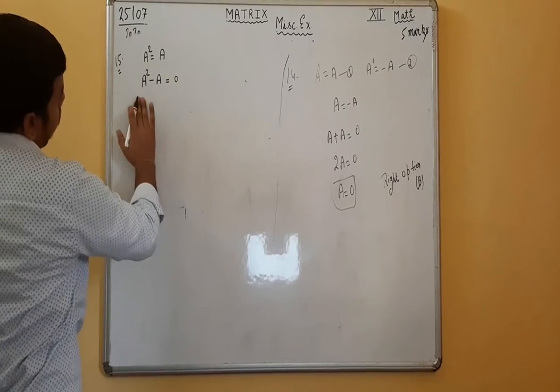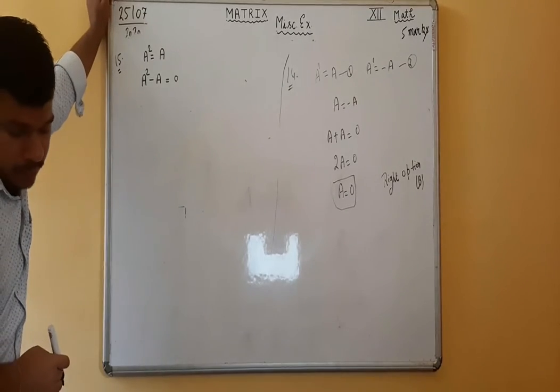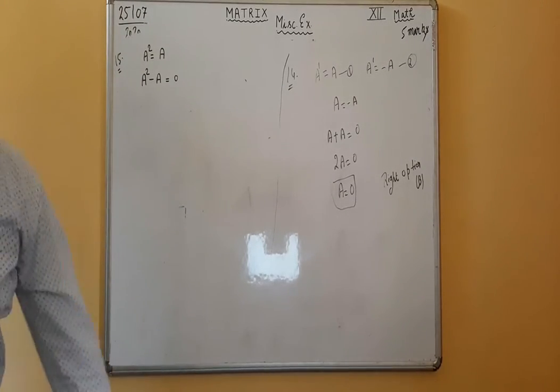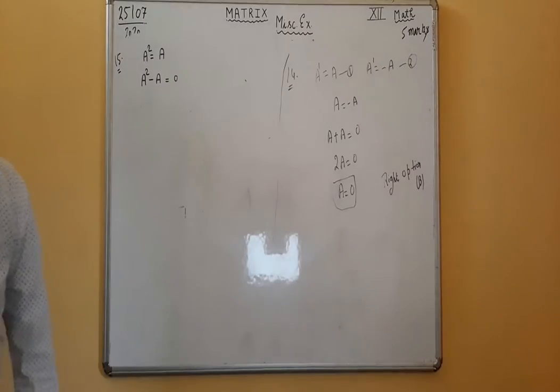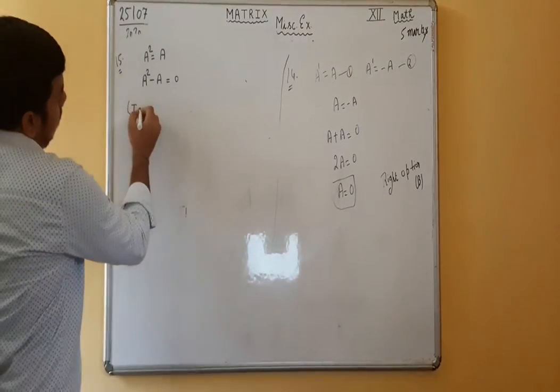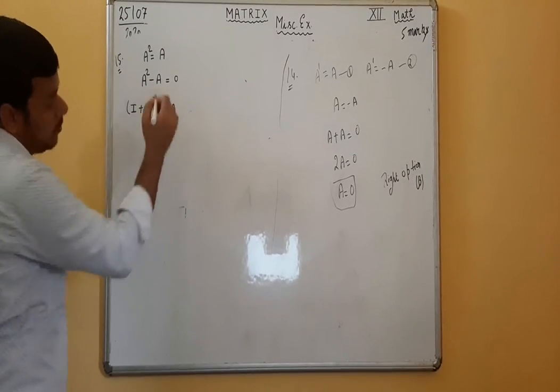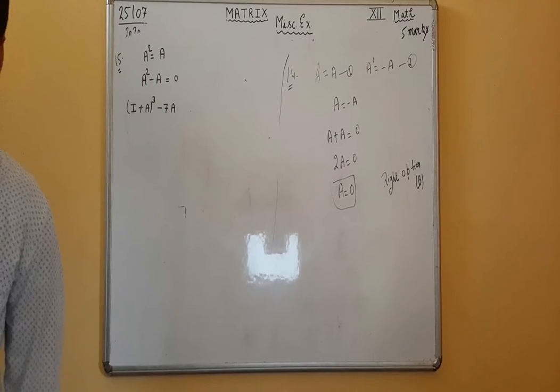Now we have to find the value of (I plus A) raised to the power 3 minus 7A. We have to find this value.